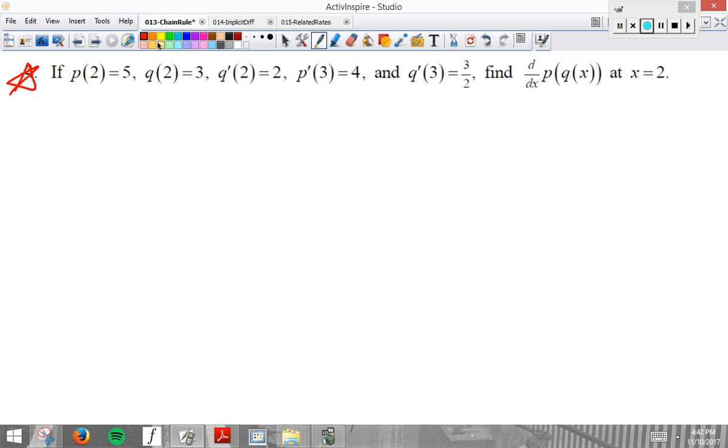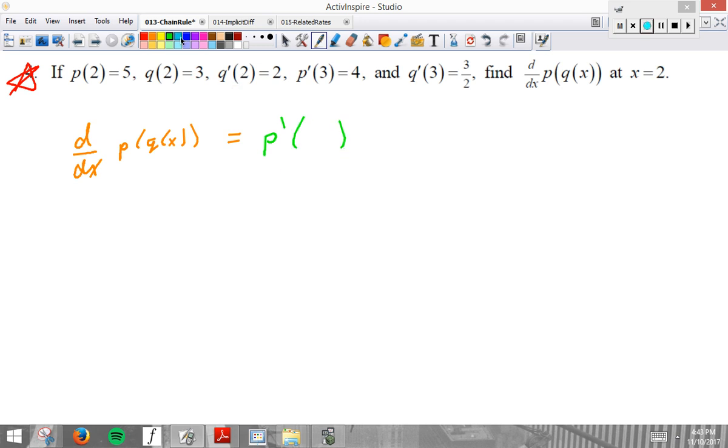So we're going to use the chain rule. So I'm going to write it really clearly. The derivative of this function equals, we take the derivative of the outside function. Now some students think this is very hard. The derivative of P is P prime.